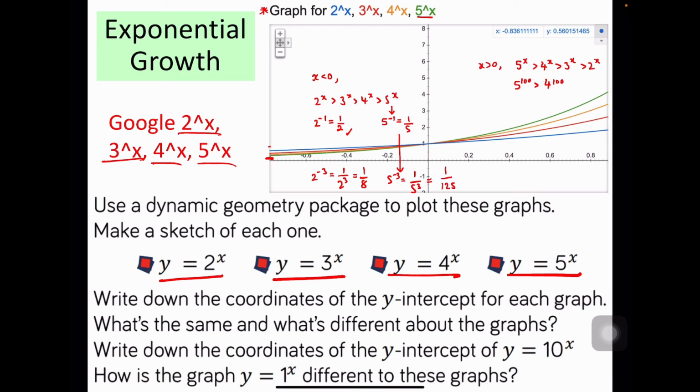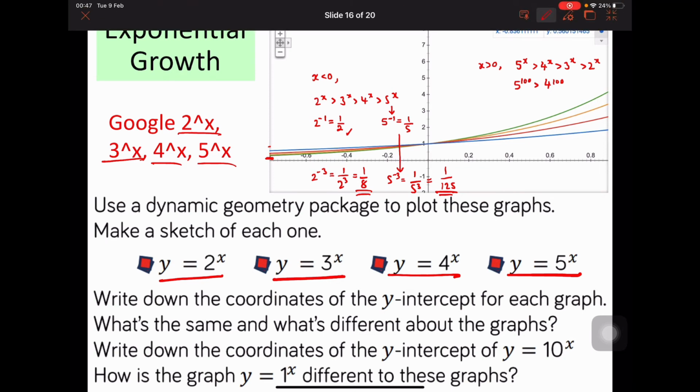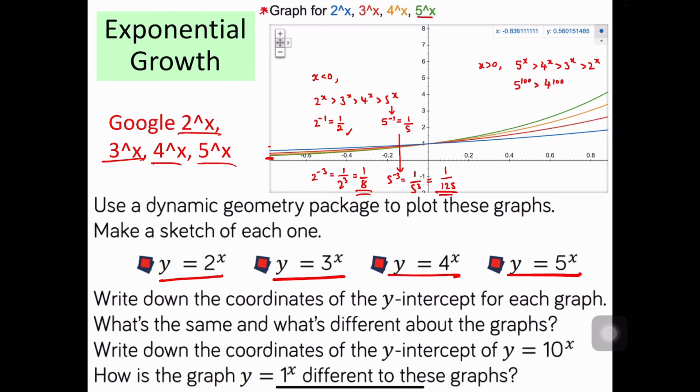Now the gap is getting larger. Look, 1 over 8 is a lot larger than 1 over 125. So I thought that was quite useful just to interpret that graph for you guys. Now let's answer these questions.